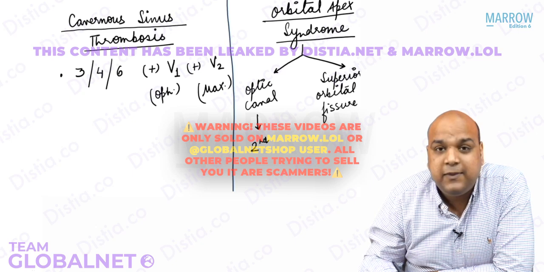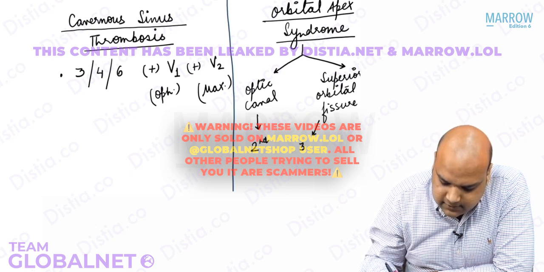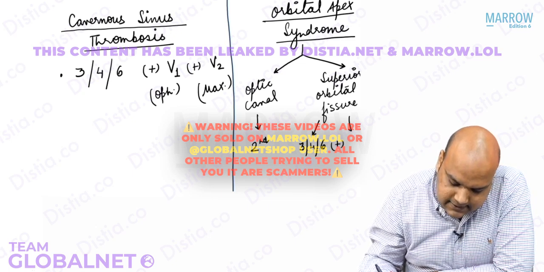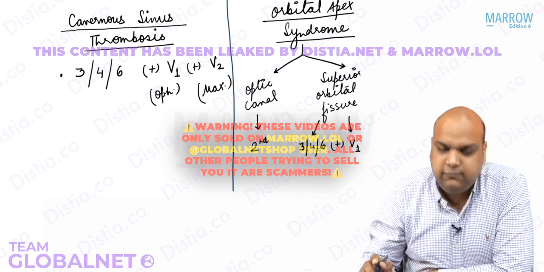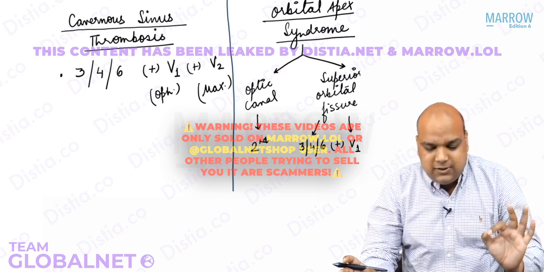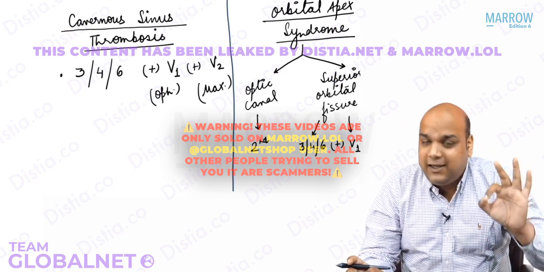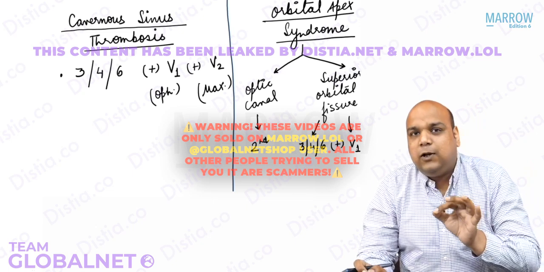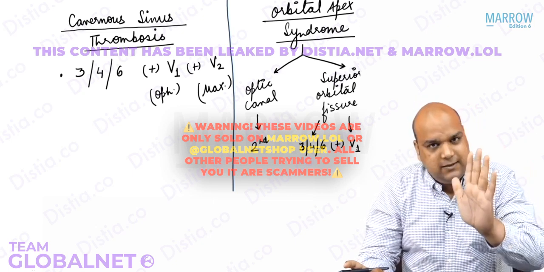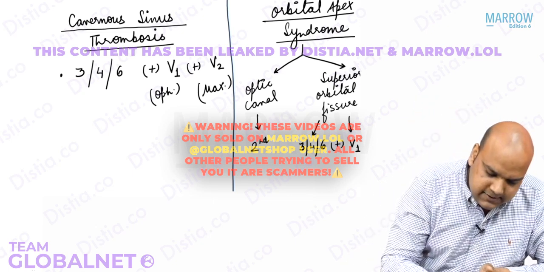Second nerve. Through the superior orbital fissure, 3, 4, 6 plus the first branch of fifth. So these are the nerves which pass through the cavernous sinus and through the orbital apex. Clear? So now let's focus.